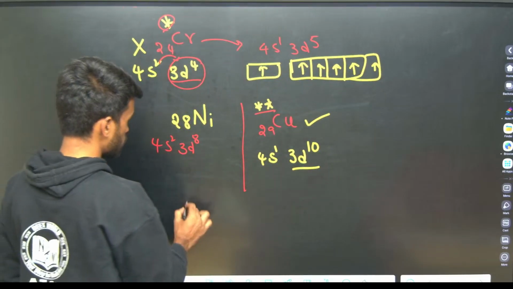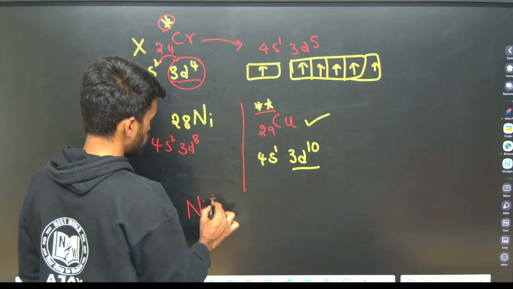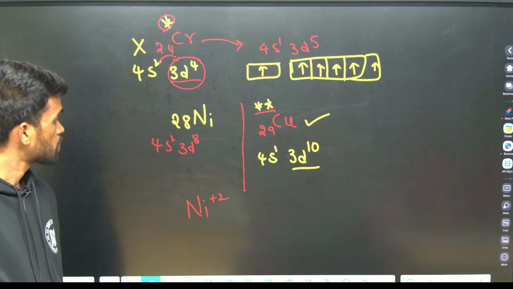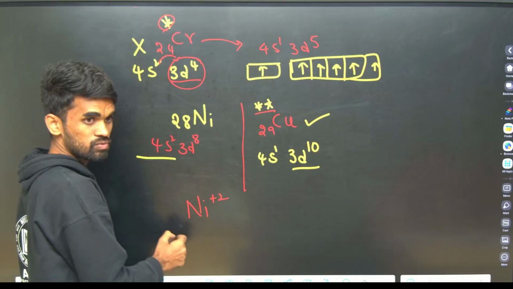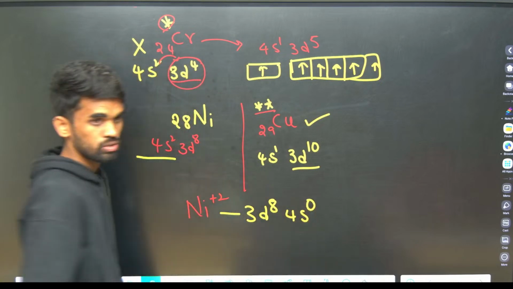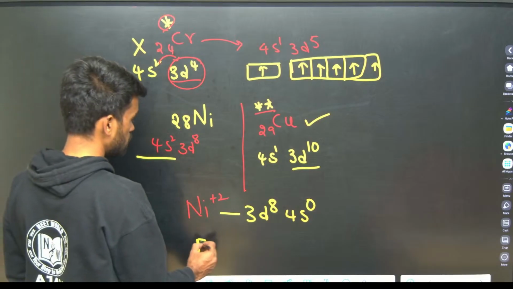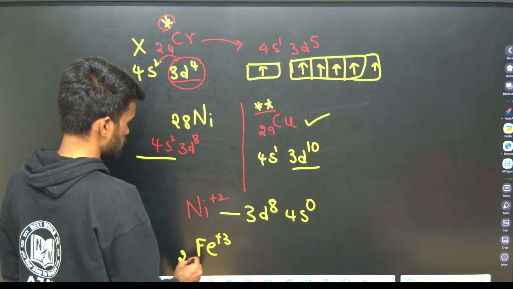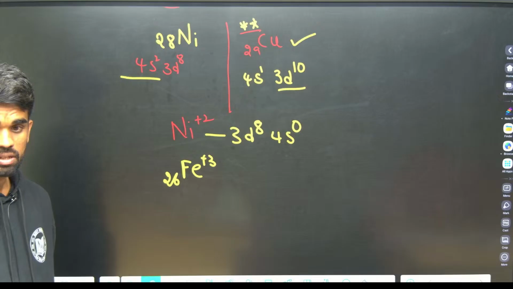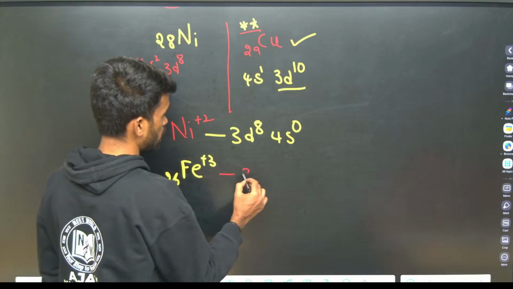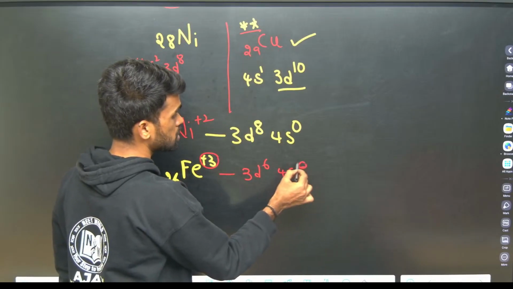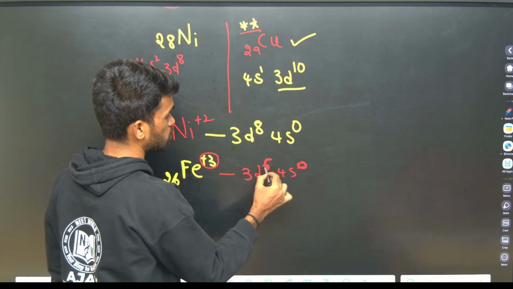Now I am writing nickel plus 2. From where should I remove electrons? 2 electrons from here, so it becomes 3d8 4s0. Is this clear? Now I am writing iron plus 3, this is 26. So tell me, what is the electronic configuration and how many unpaired electrons are present? First you write 3d6 4s2, removing 3 electrons, it becomes 4s0, and from 3d also 1 electron should be removed, 3d5.